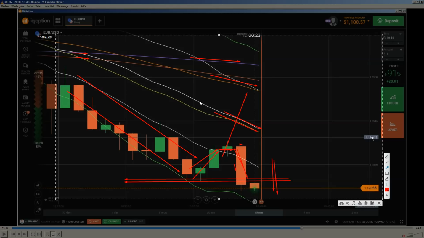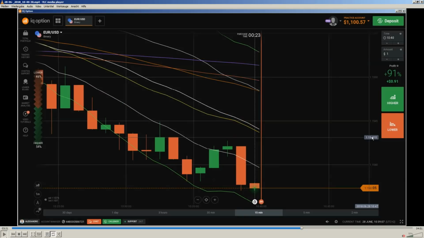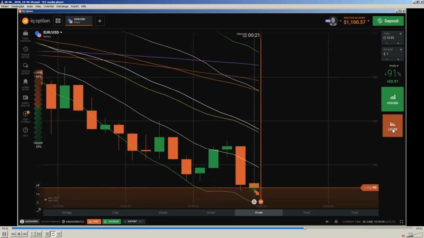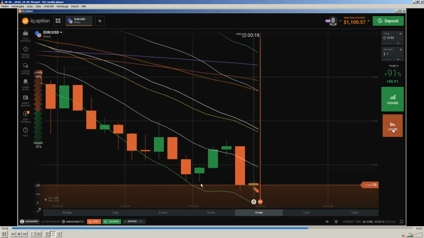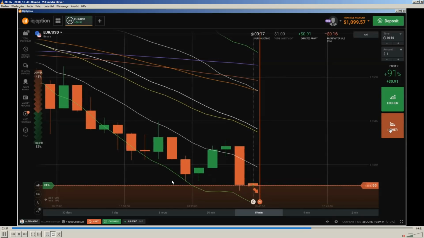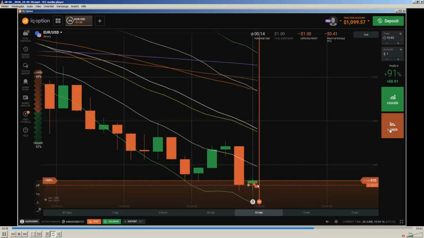Here they didn't touch, and that is a nice sign that we get a nice downtrend, and that was also the reason why I entered after this, because we broke through this support level, and I have explained this support level will become a resistance level.